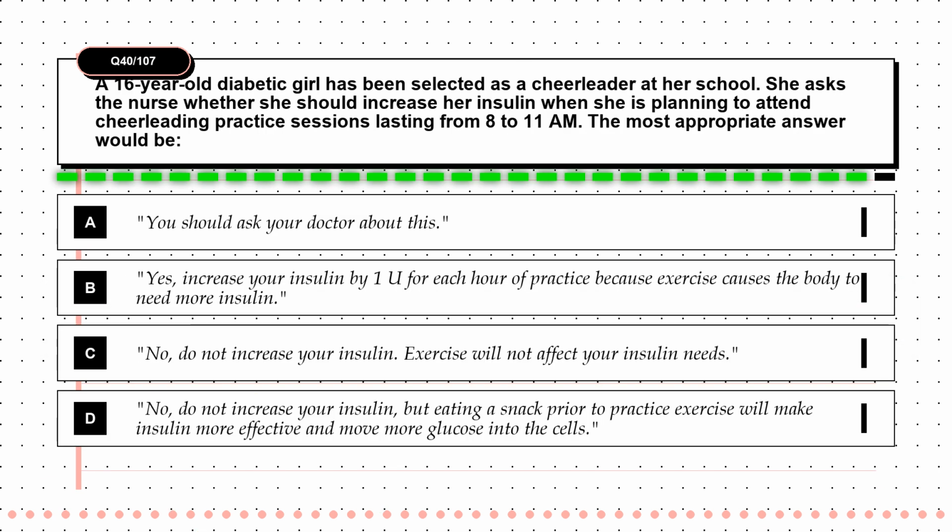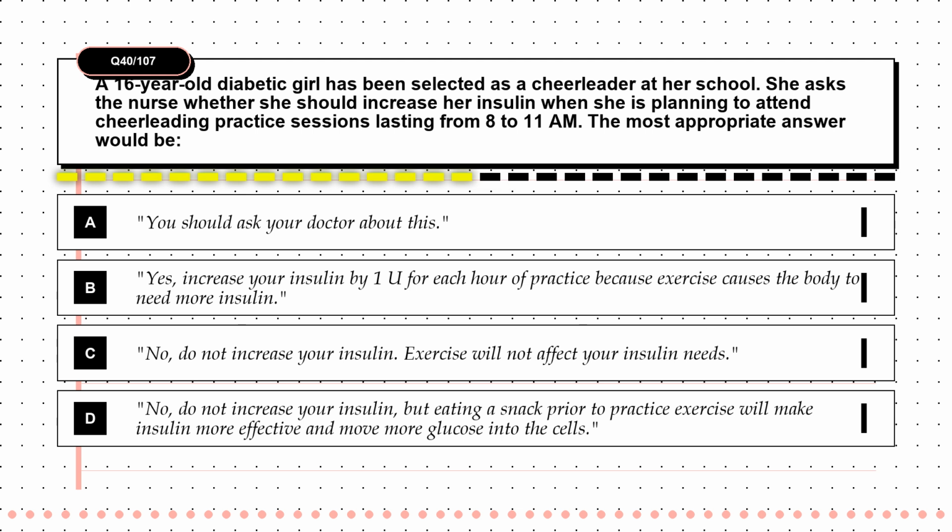Question 40. A 16-year-old diabetic girl has been selected as a cheerleader at her school. She asks the nurse whether she should increase her insulin when she is planning to attend cheerleading practice sessions lasting from 8 to 11 a.m. The most appropriate answer would be, here are the options. Option A, you should ask your doctor about this.